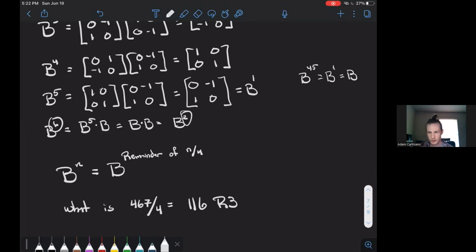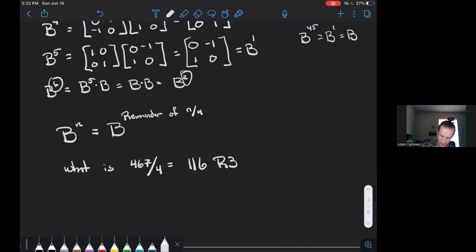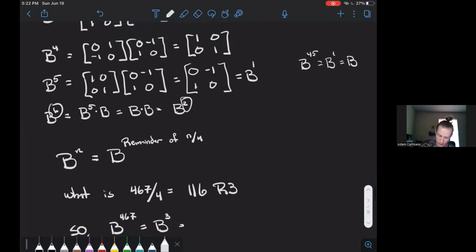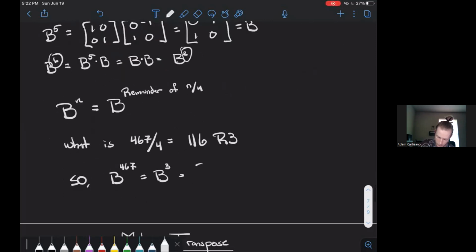You might want to check me on a calculator on that. Remainder 3. So b to the 467 is b cubed, which was negative b, which was 0, 1, minus 1, 0.